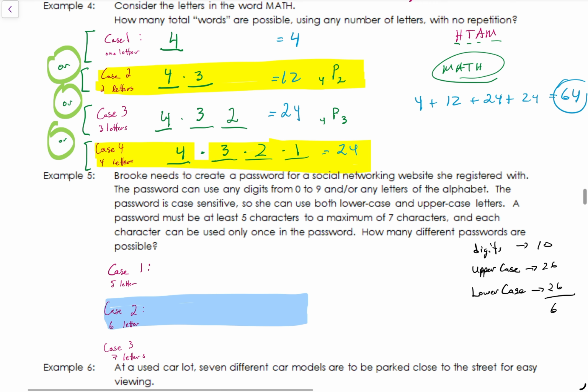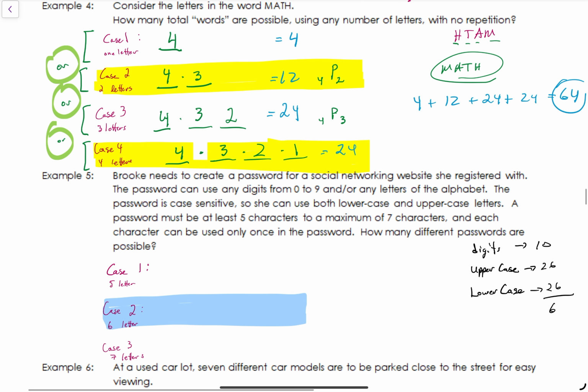So case 1, I'm going to have a 5-character password. Out of 62 characters, I am going to pick the order of 5.